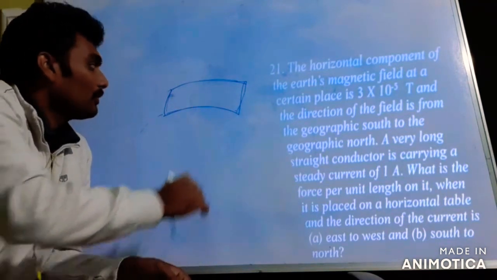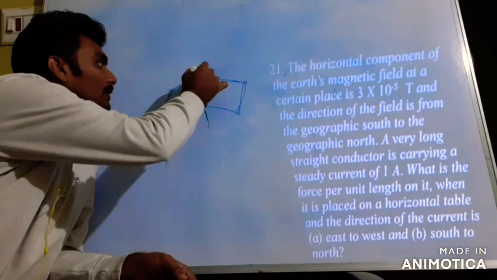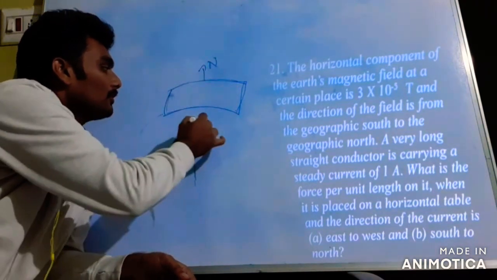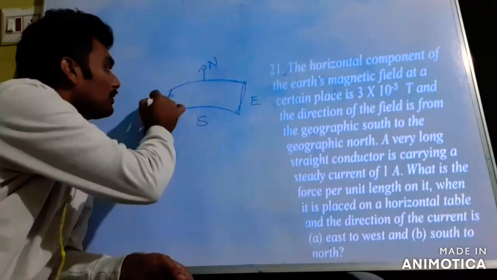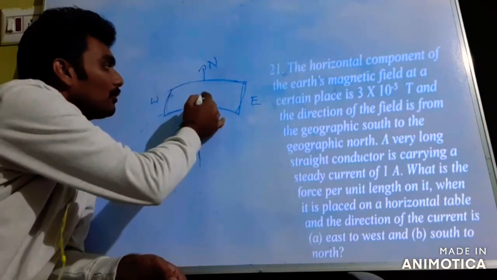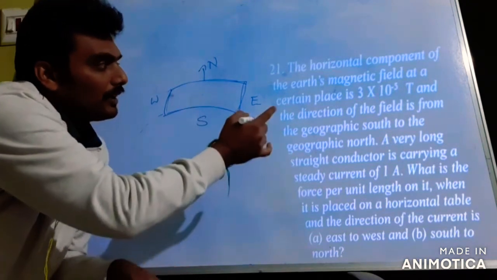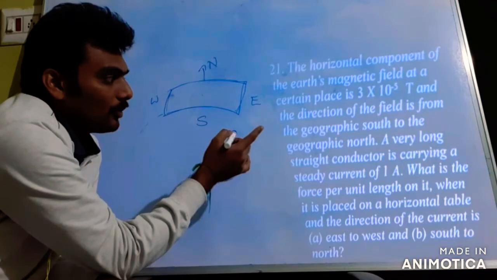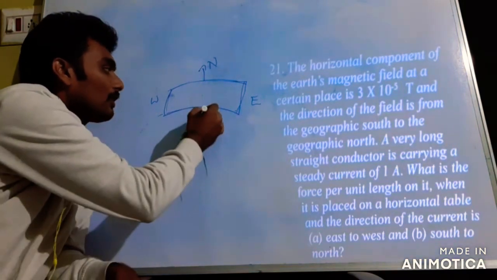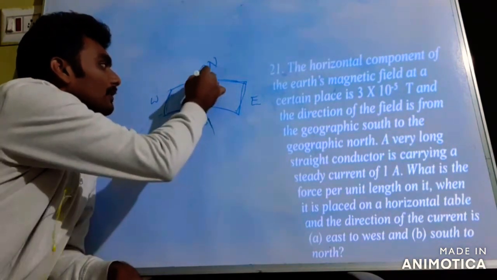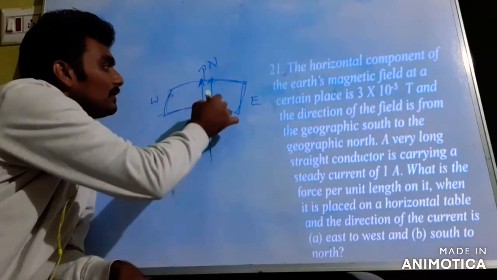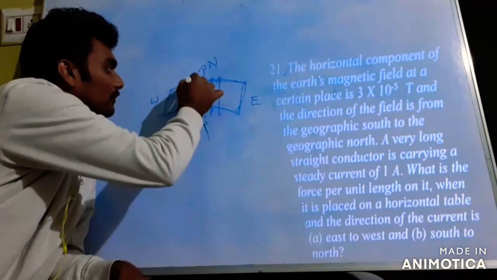If I say this is north, so this will be south, east, west. At this point the magnetic field lines are directed from geographic south to geographic north, which means like this. So this is the direction of the magnetic field.